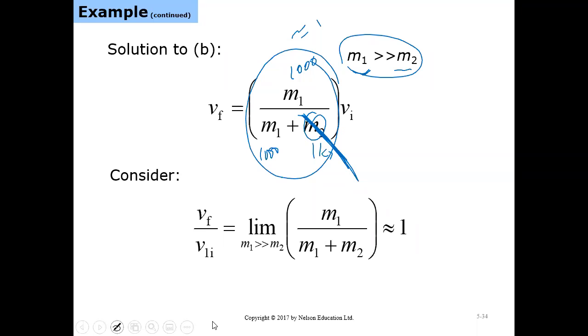So VF is still equal to V1 initial. Taking the limit when M1 is much greater than M2, we can ignore this term, so the ratio VF over V1I is equal to 1.